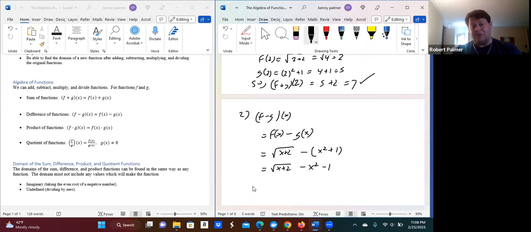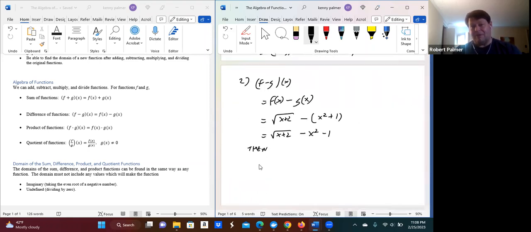So in this case, if I want to do, for example, f minus g of, say, 3 this time, I just plug 3 in for x. And so that's going to be the square root of 3 plus 2 minus 3 squared minus 1.